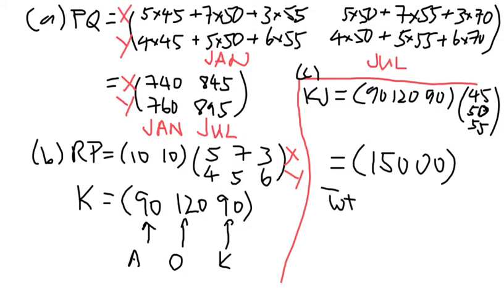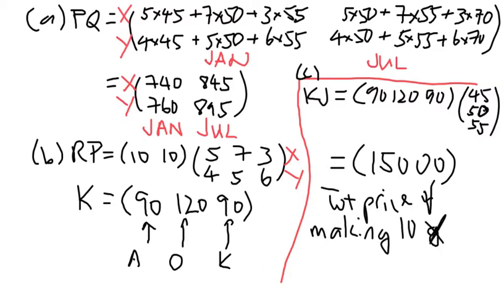This shows the total price. Let me try to write it out. The total price of making 10 glasses of X and 10 glasses of Y. I take all the fruits and multiply them by the price in January, and I get the total price.